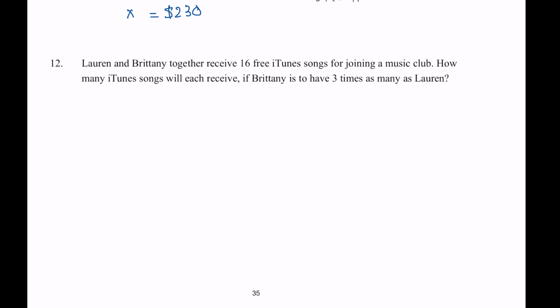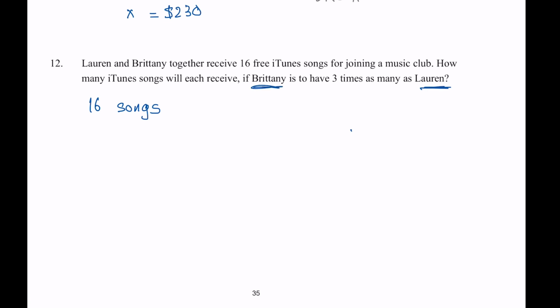So the question is, how many iTunes songs will each receive if Brittany is to have 3 times as many as Lauren? If we look at this, there are 16 songs in total, and we have 2 people, Brittany and Lauren.